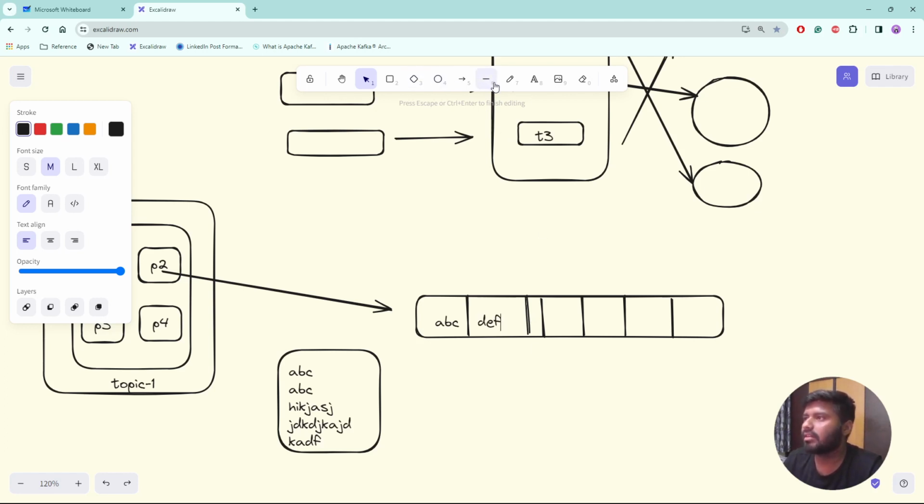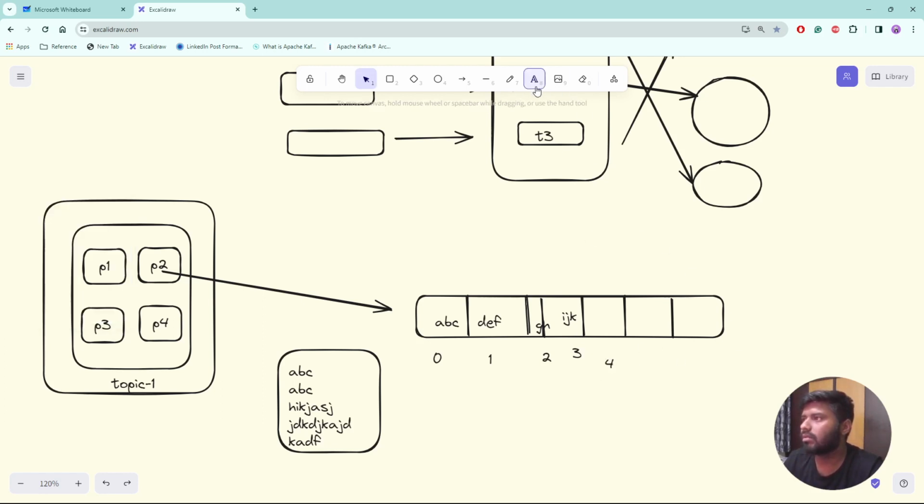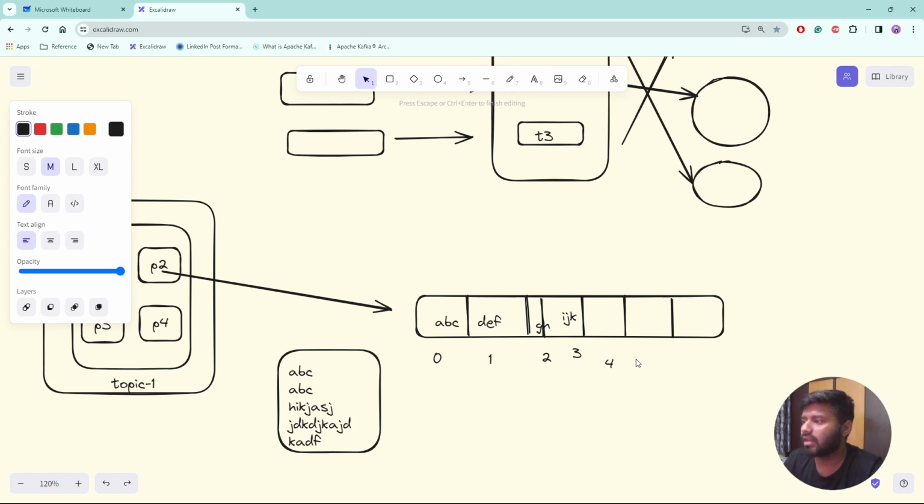Like that the other things are going to follow, something like GH, then 123, or IJK, and so on. Each and every segment is denoted with a number. So this can be 0, this can be 1, this can be 2, 3, 4, and so on. Let's say it is kind of infinite.